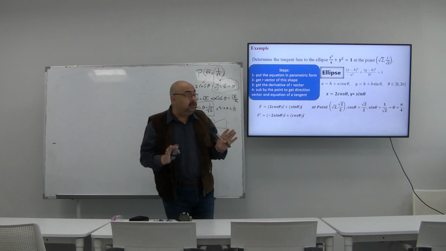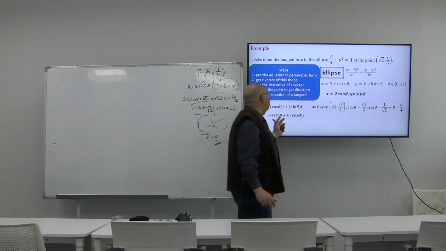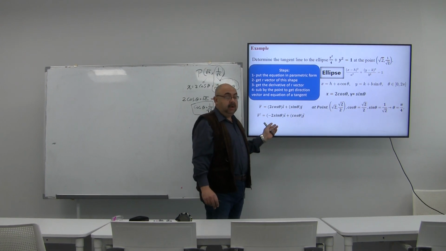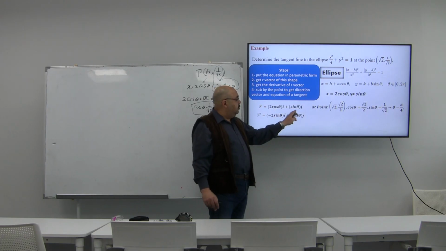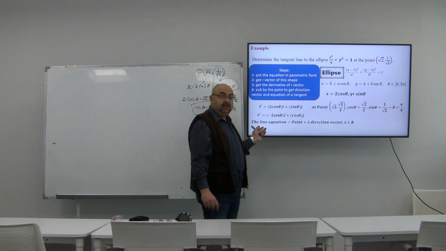So all I have to do now is to substitute pi over 4 in the r dash vector. So it's going to be minus 2 times 1 over root 2, and this is going to be 1 over root 2. Now I can write the equation of the tangent line.